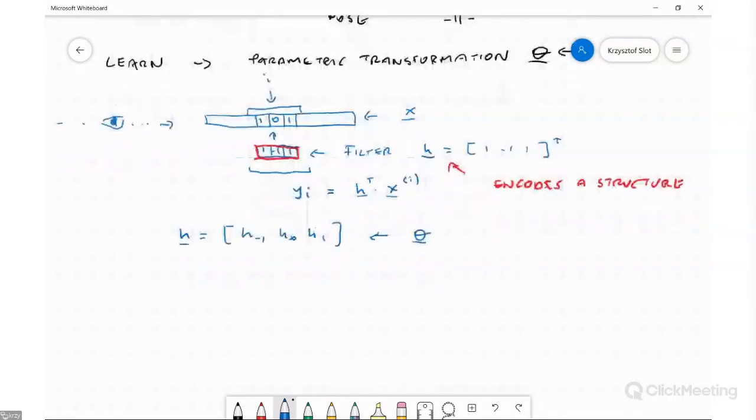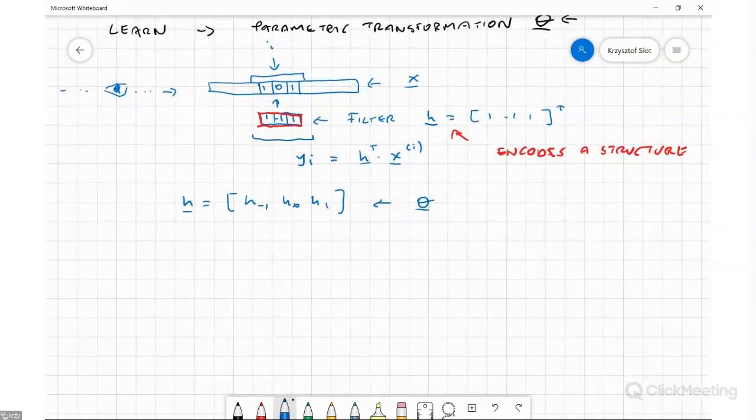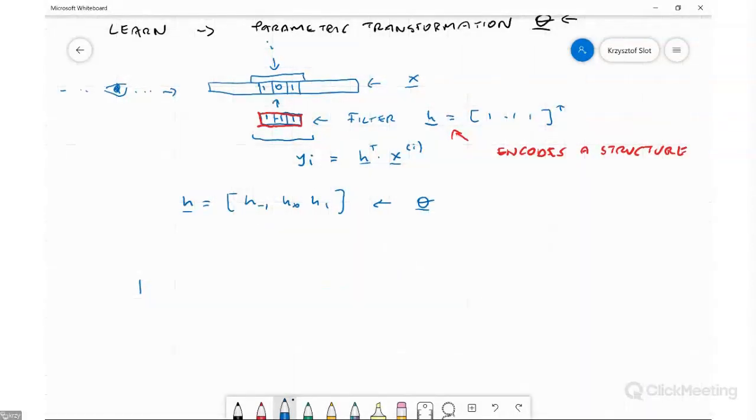And the second thing is, if I have this one-dimensional image, it may contain my structure in several different places. This structure could be here, but it also could be here, and obviously in some other part of my image.